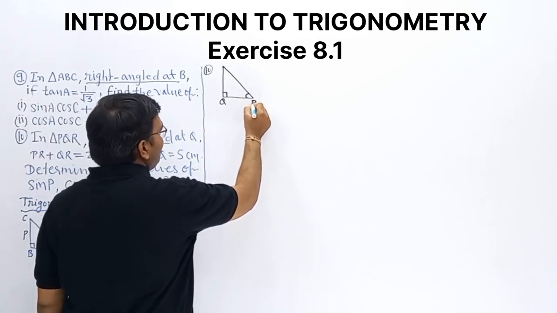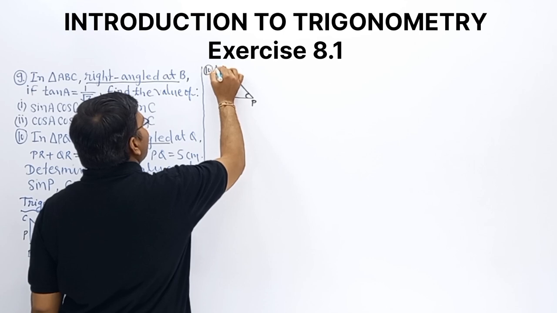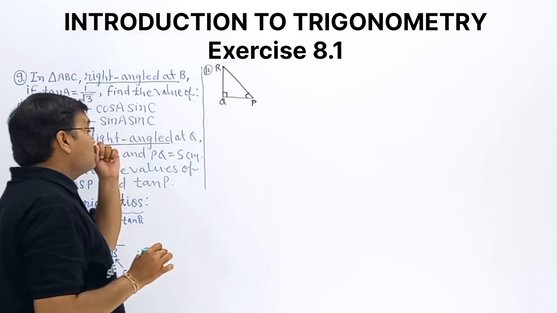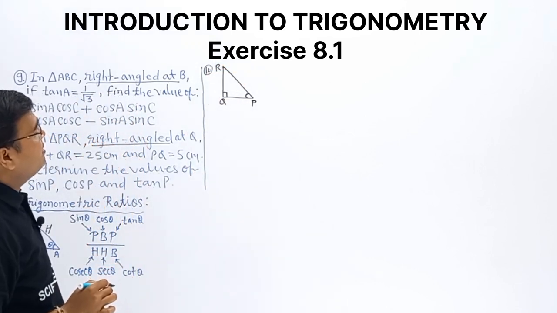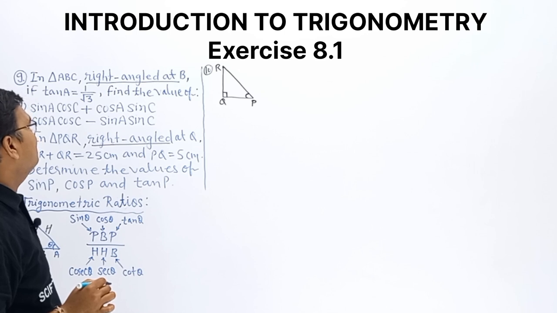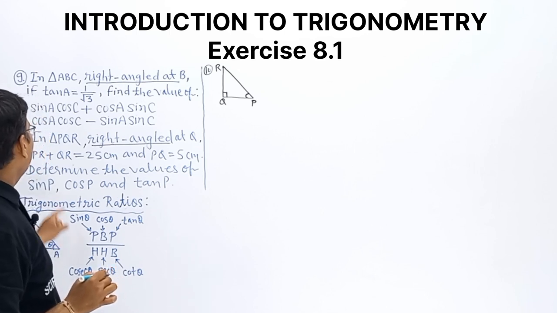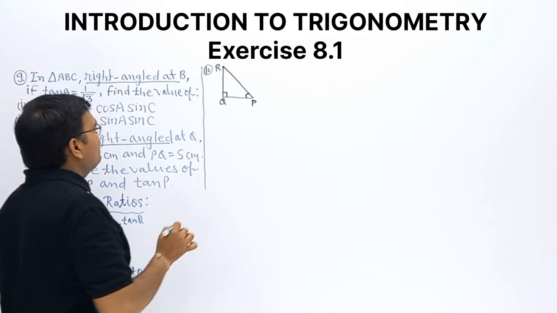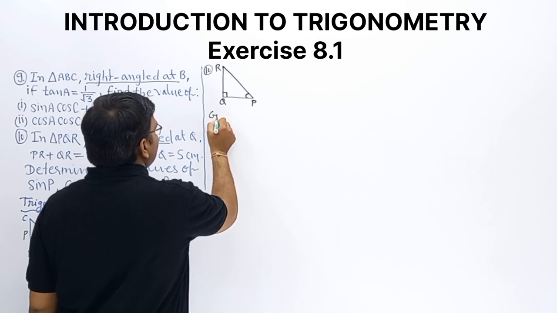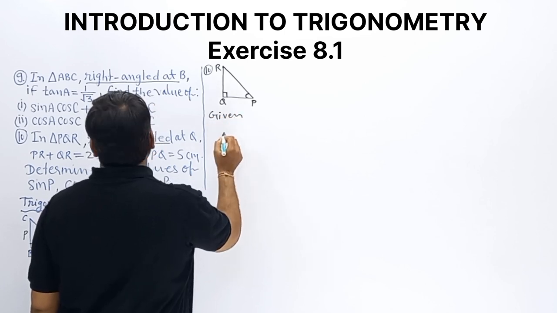I am taking P there, and Q and R will be there. Clear? This is the right triangle. It is right-angled at Q. Clear? What is given in the question? Given is what?